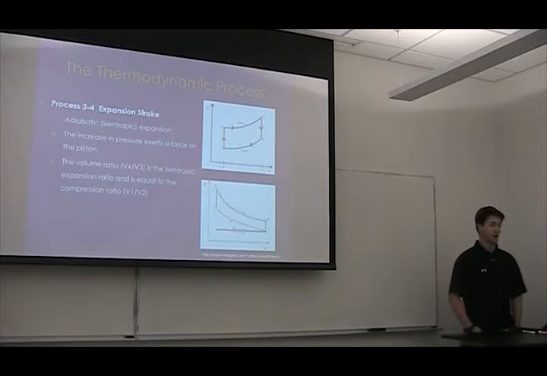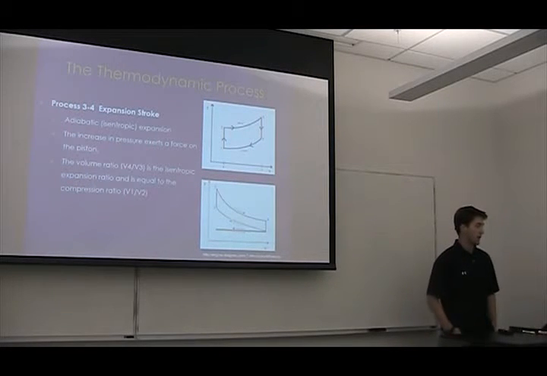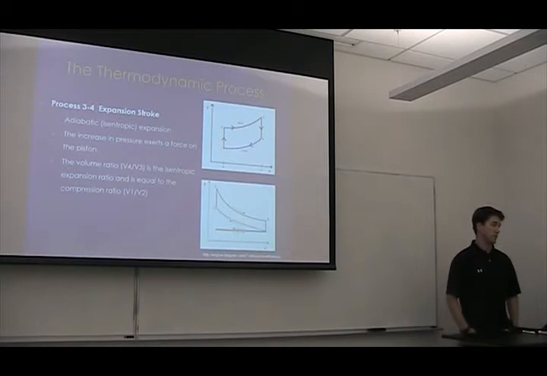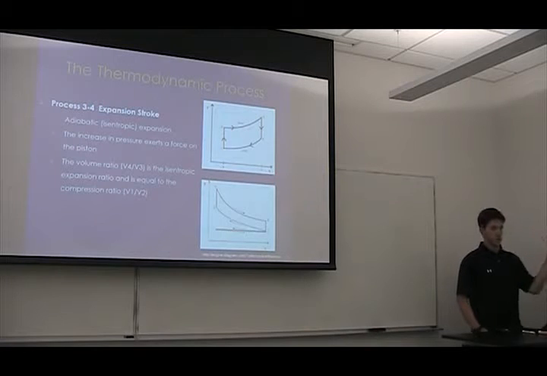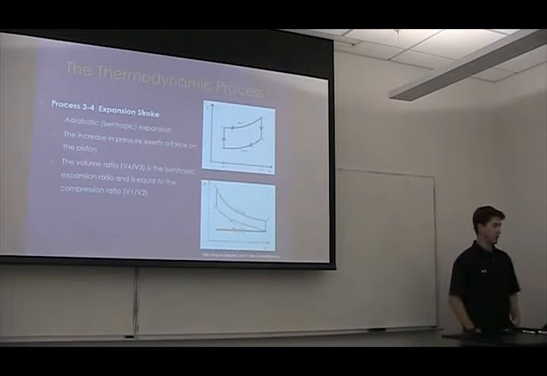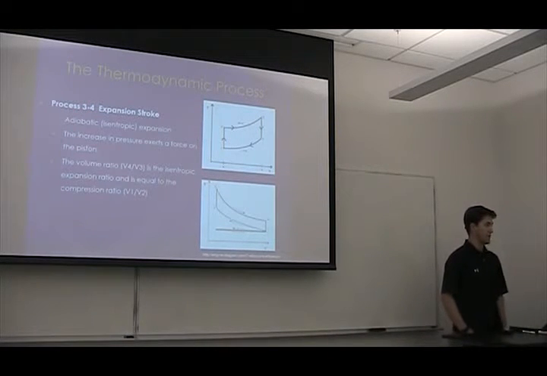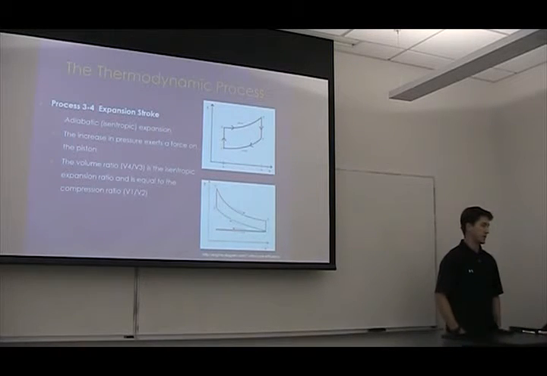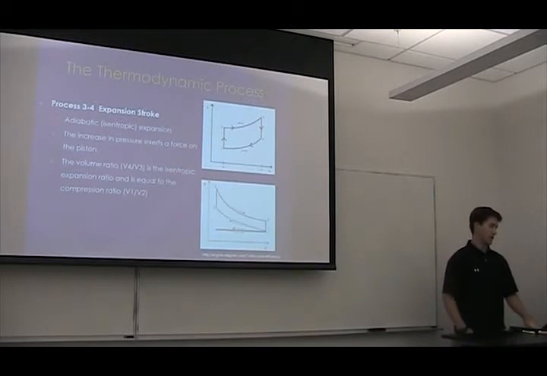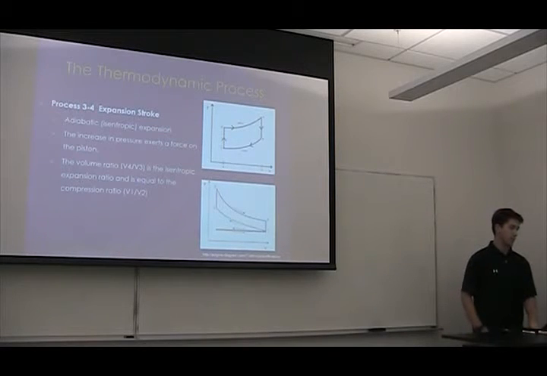It's isentropic expansion. The increase in pressure from the previous process from 2 to 3 causes the piston to open, which releases that gas, the working fluid, and the pressure drops. So the volume ratio in this process is also equal to the volume ratio in the 1 to 2 process.